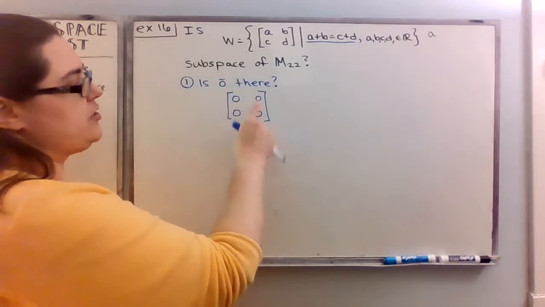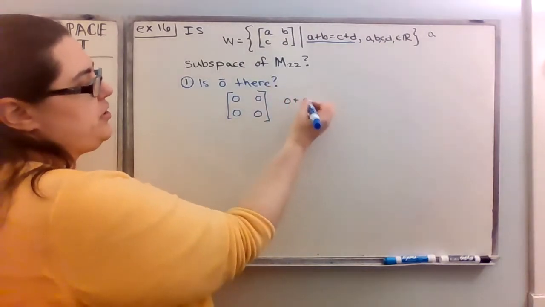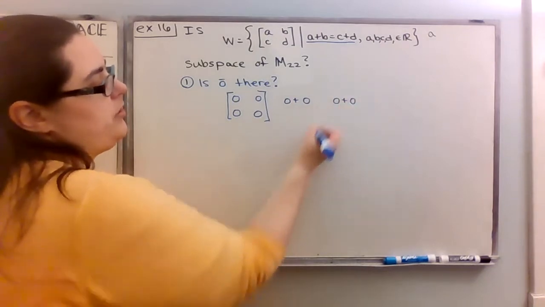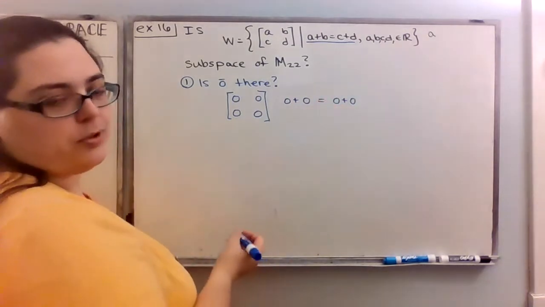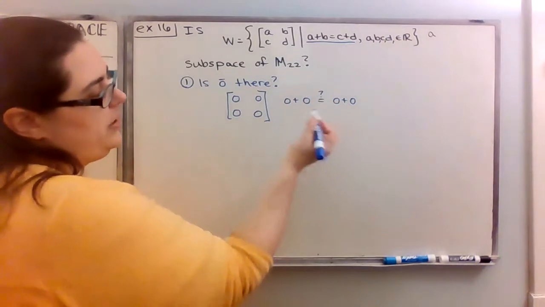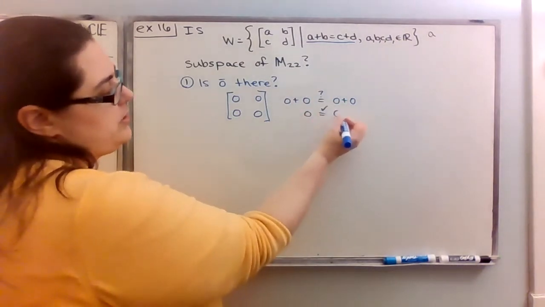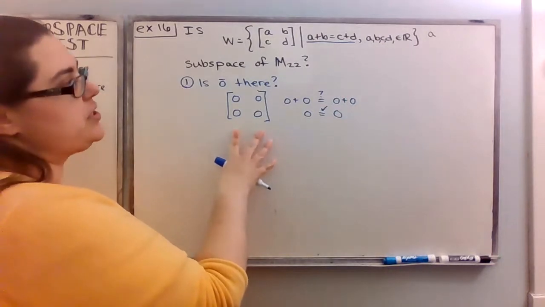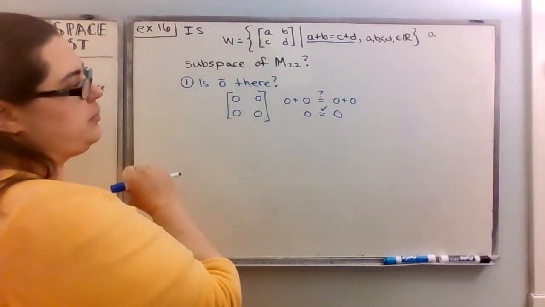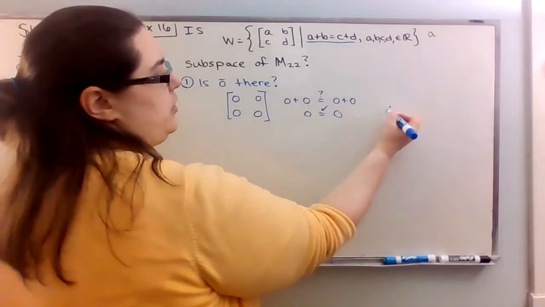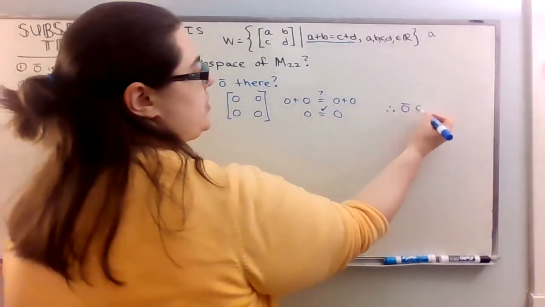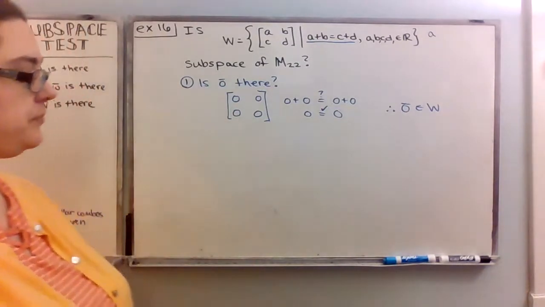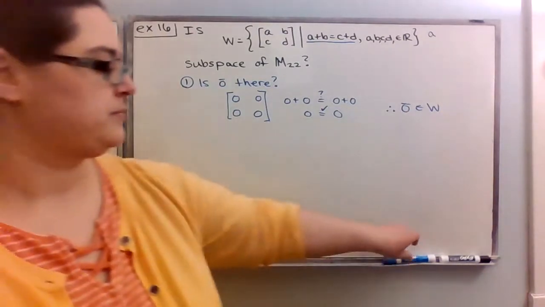So if I add these two here, 0 plus 0, and I add these two here, 0 plus 0, are those indeed equal? Yeah, 0 is equal to 0. So the 0 vector, the 0 matrix in this case, is included in W. So therefore, 0 matrix is an element of W. So we pass our first test. Hooray!